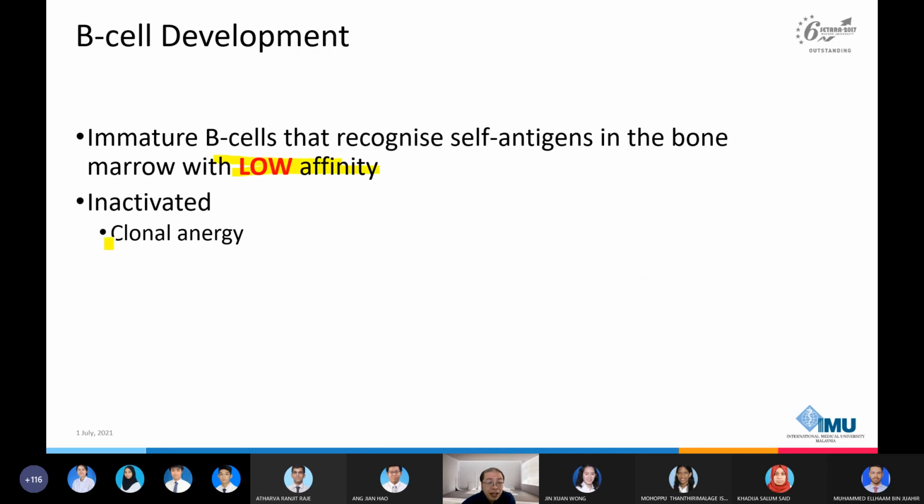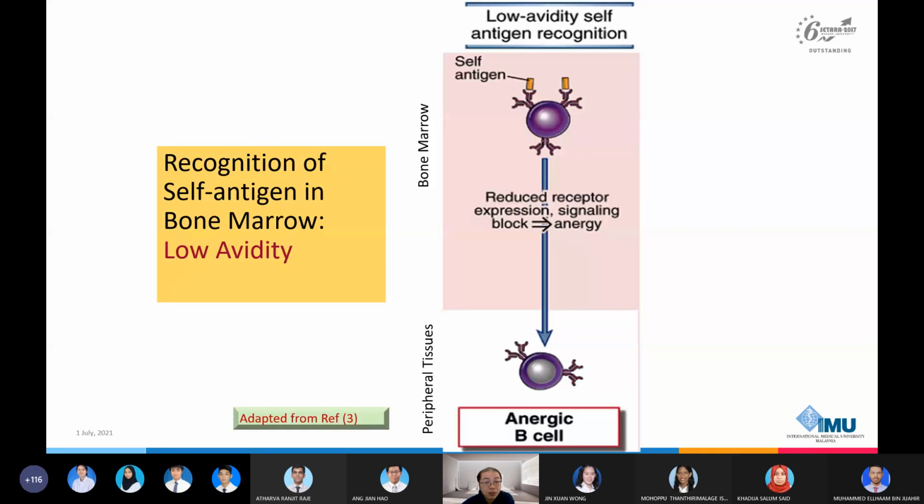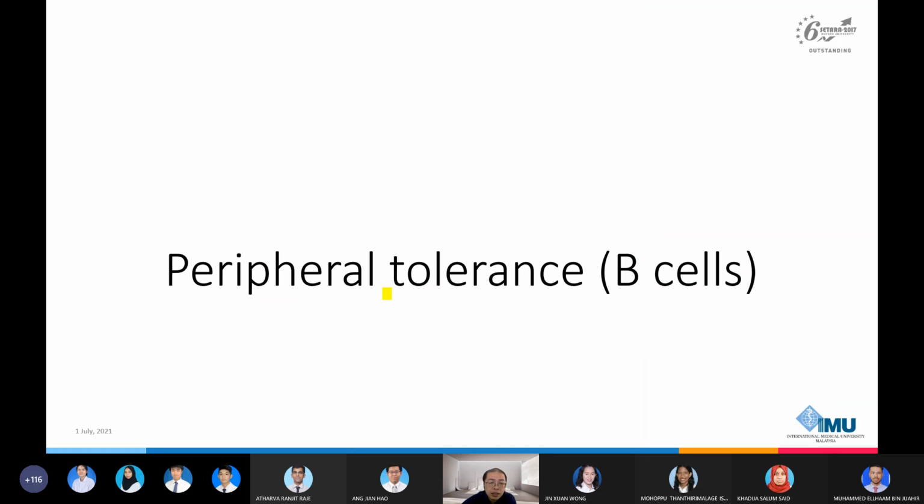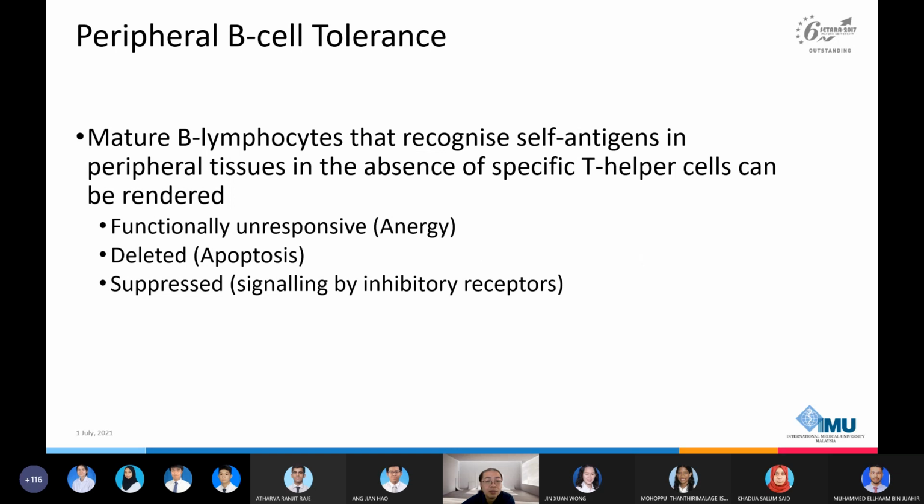For low affinity, on the other hand, it's clonal anergy. So that's what you need to know: low avidity, low affinity is anergy. For peripheral tolerance for B cells, it's quite similar.